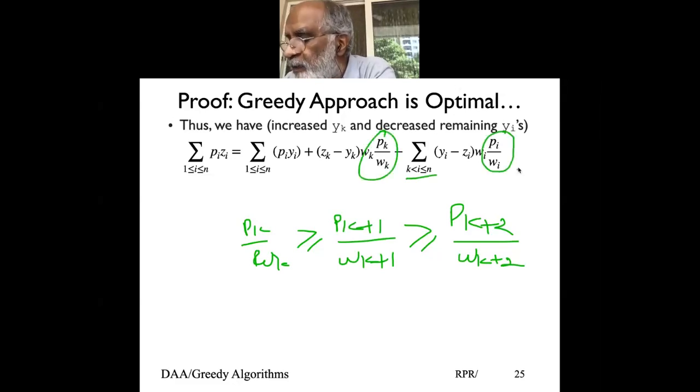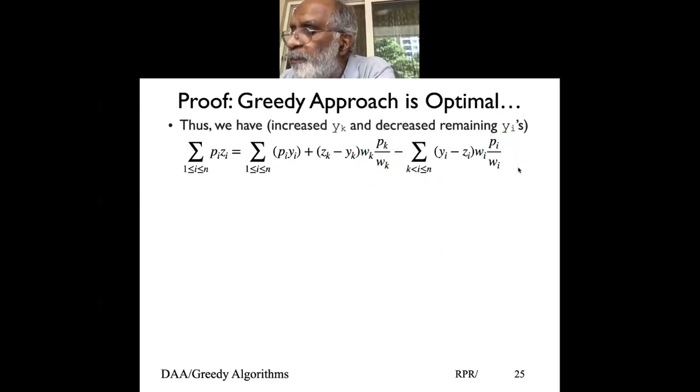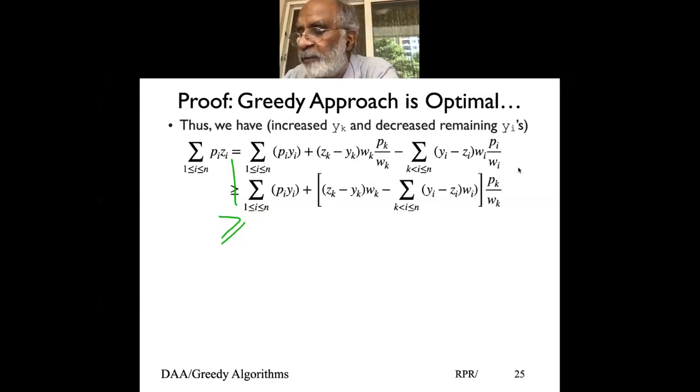Since these are negative, I can replace them by pk by wk, and since the number becomes larger and they're negative, this equal sign becomes greater than or equal to. So this item comes as it is, this item comes as it is, and these are the ones which are getting replaced by pk by wk.